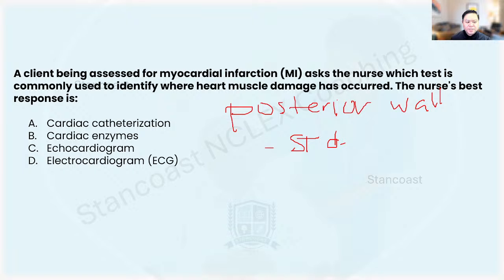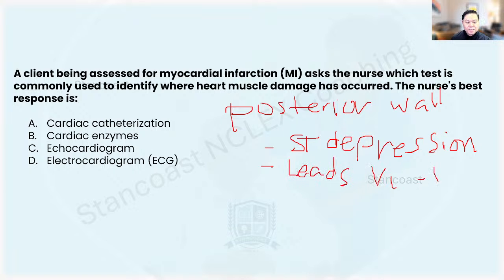What leads should you be looking at for the ST depression? You're going to look for that in leads V1 and V2. On top of that, you're going to be seeing tall R waves.